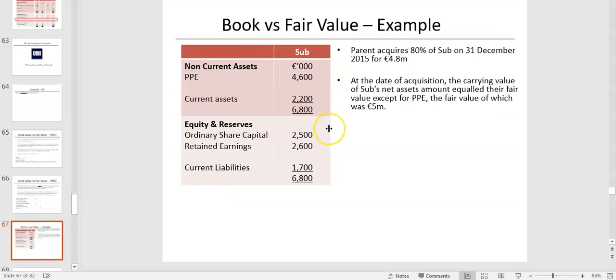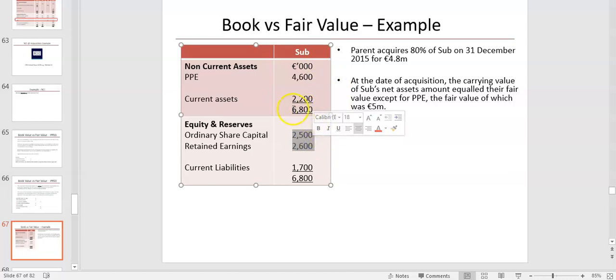So let's take a small example of book versus fair value, and we'll see how the debits and credits work out. So in this example here, we're given the subsidiary's balance sheet at the date of acquisition. So we're not given the parent, so we're not doing a full statement of financial position. We're just worried about the debits and credits here. So you're told the subsidiary here, its book value is, if you look at it, 5.1 million.